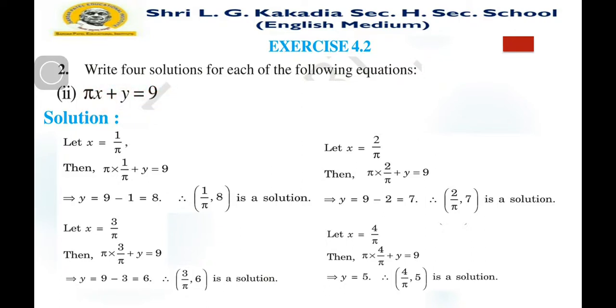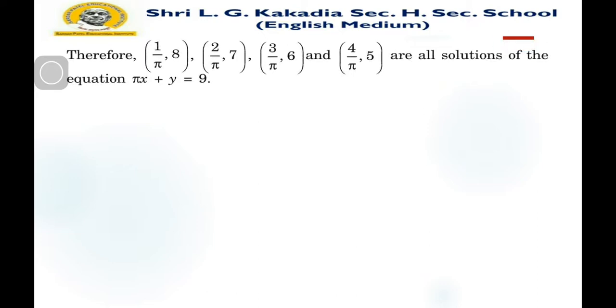As well as for all the values, you can see that they satisfy the given equation. Therefore 1 over pi comma 8, 2 over pi comma 7, 3 over pi comma 6 and 4 over pi comma 5 are all solutions of the equation pi x plus y is equal to 9.